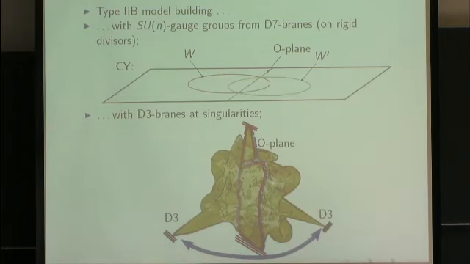And here we have an additional constraint. We don't want the divisors that shrink and give us the singularities on which we place the D3 branes to intersect the O plane, because otherwise the singularities would sit on the O plane and we would get gauge theory models that would look like the ones that Ben was telling us yesterday.